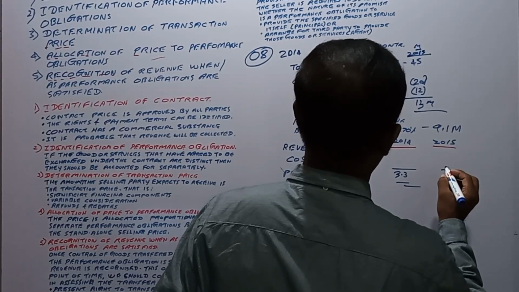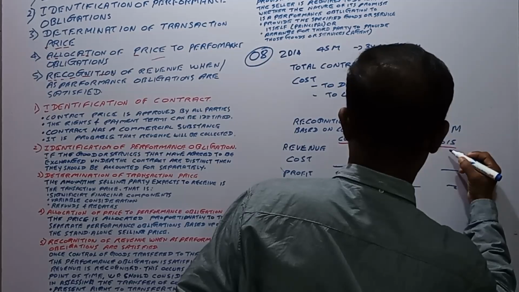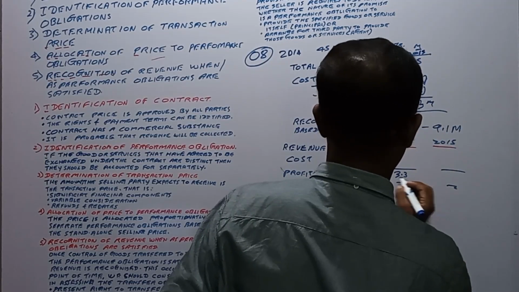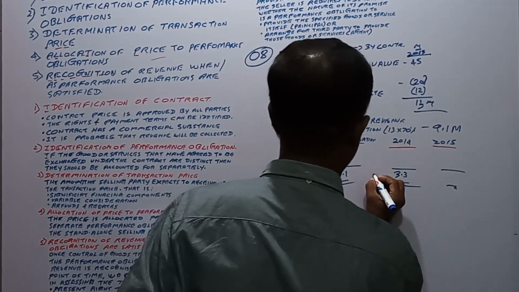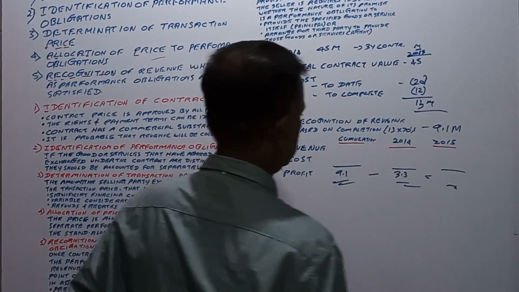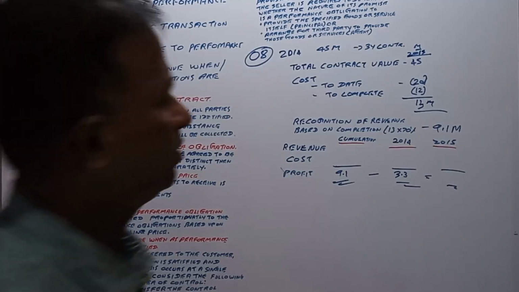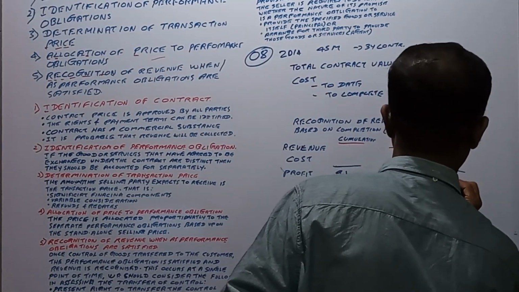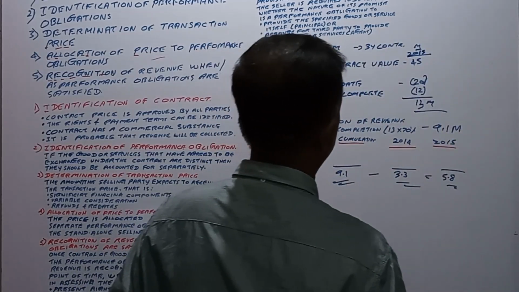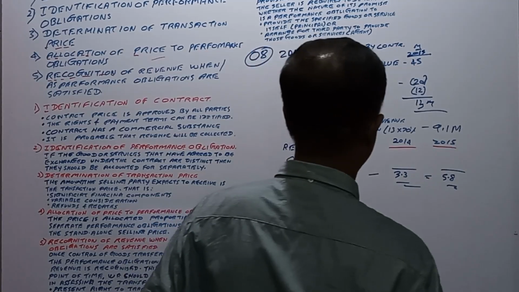For 2015, revenue is cumulative minus 2014, equal to how much? 5.8. Revenue is how much? For 2015, what is the revenue?